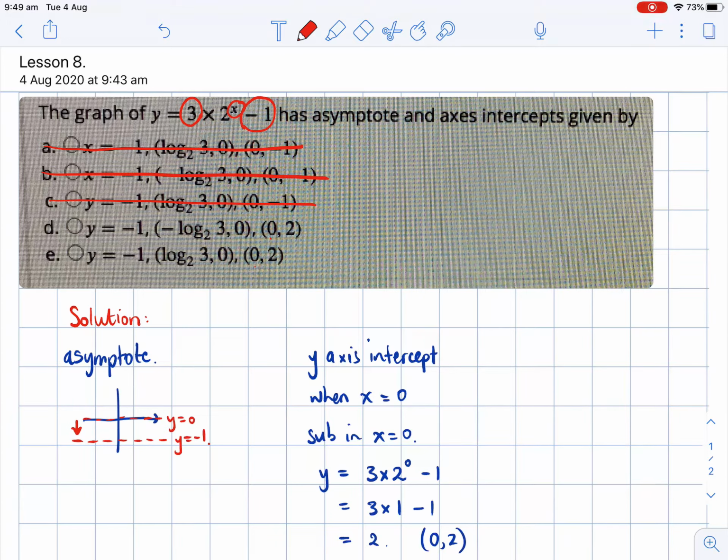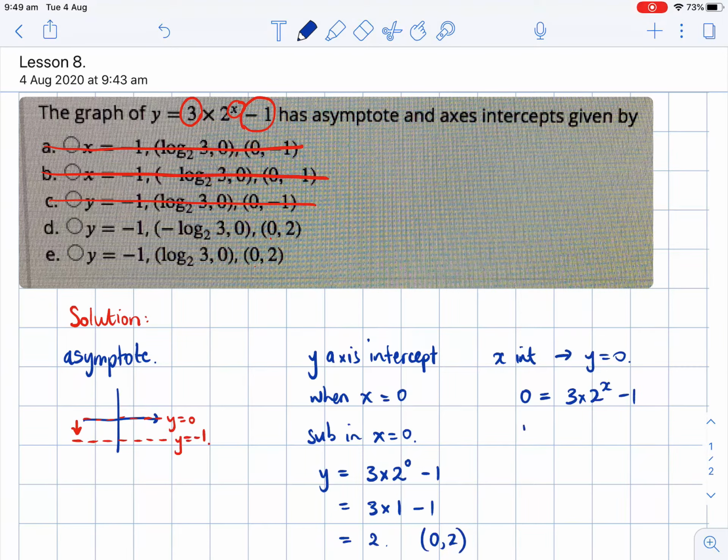One of them has a negative log and the other one has a positive log, so there's lots of shortcuts that you can take to work that out, but I'm going to do it right from the beginning, and I'm going to do the x-intercept. The x-intercept is when y equals 0, so if we substitute in 0 for y, we get 0 equals 3 times 2 to the power of x minus 1.